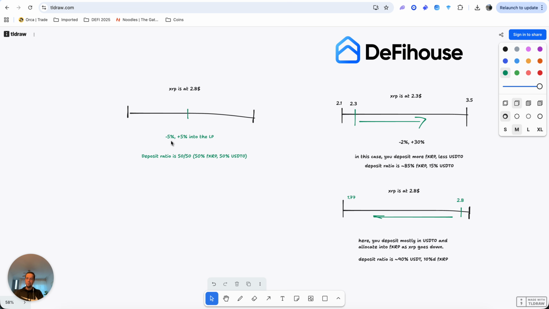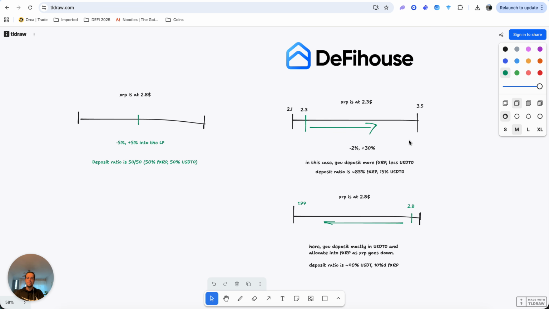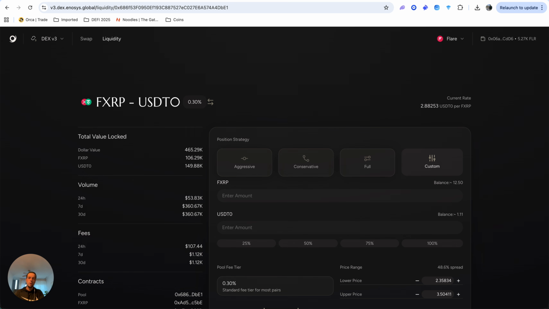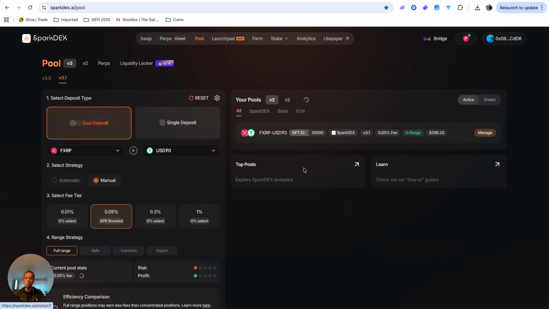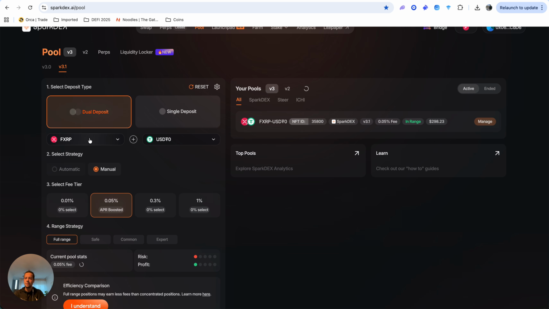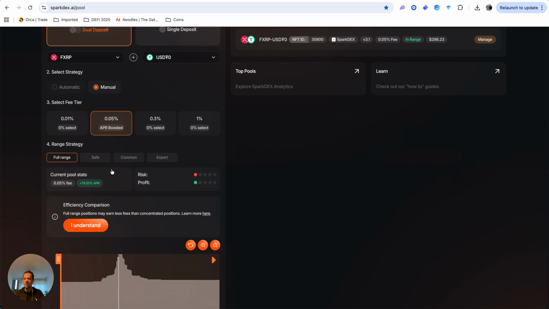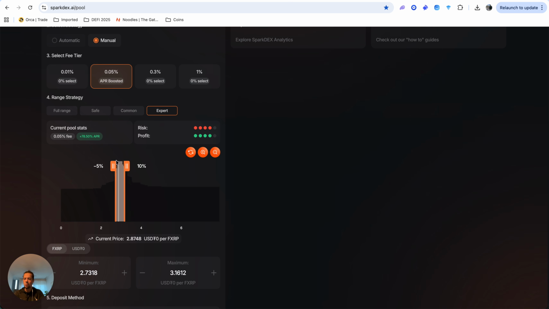So you always have to think twice before executing into a DeFi LP. Now, if we look at SparkDex, I just like the UI a bit more. Let's do Fxrp USDT0, and let's do the expert mode. So you set the range.